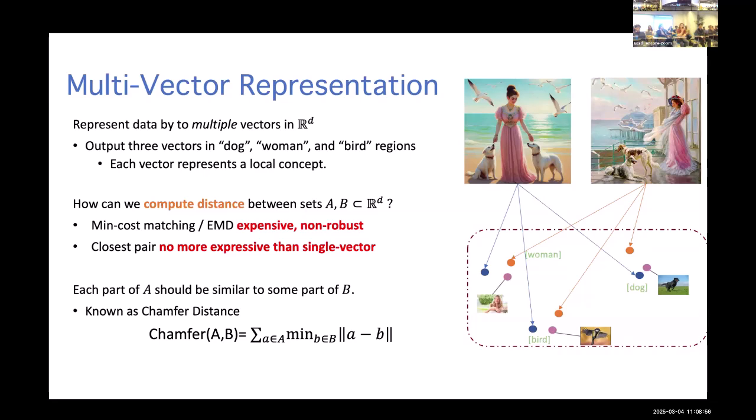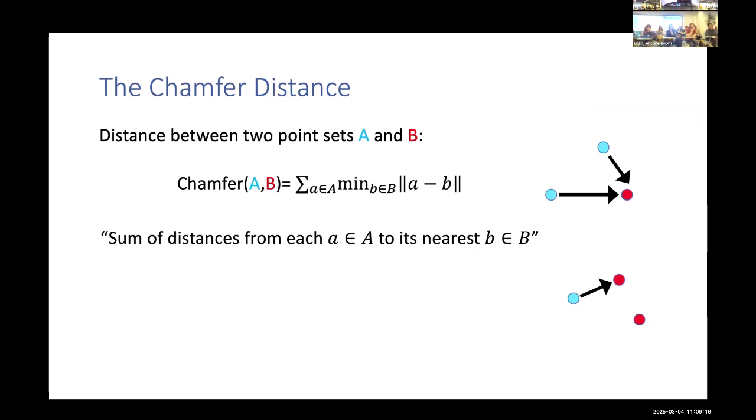This measure used to be studied quite a bit in the geometry and image recognition literature in the 90s. But it's a very simple measure. I have my sets A and B. I just want to understand, for every point in A, what is the nearest point in B, and then sum up those distances. So, for every point in A, find the nearest point in B, and sum up those distances.